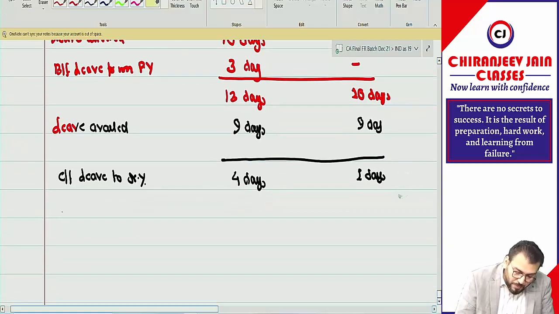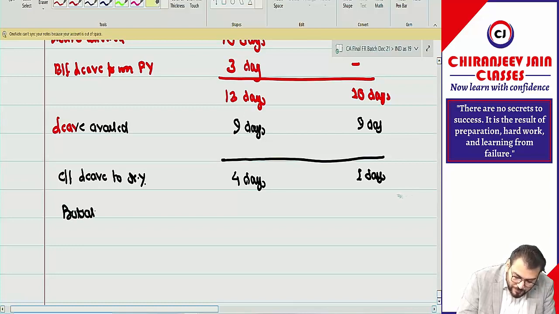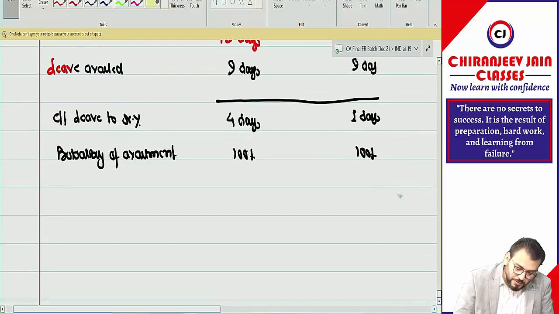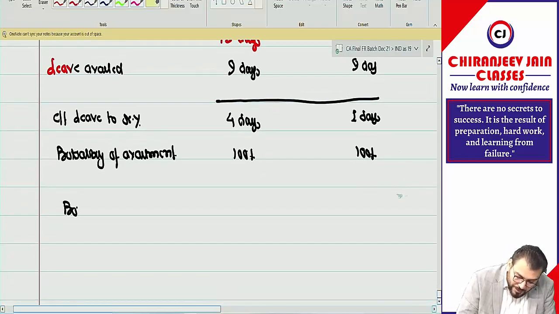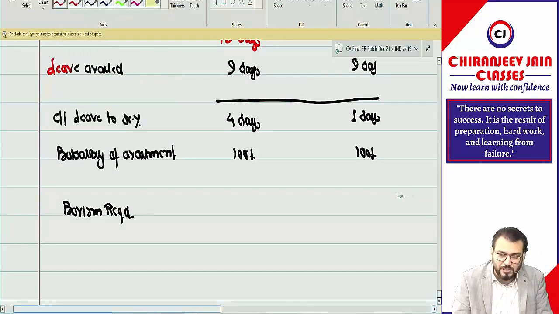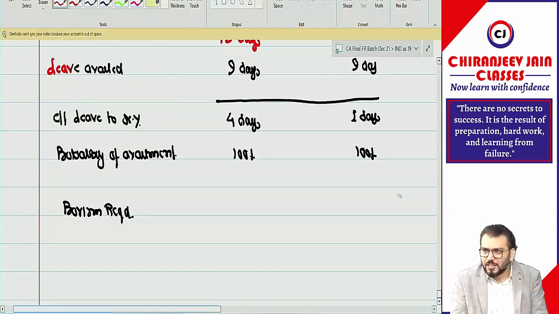What is the probability of availment? Nothing is given. Whether it is given or not given, we will assume 100%. Therefore, provision required will be equal to what is the salary per working day? 15,000 plus 10%, that is 16,500.